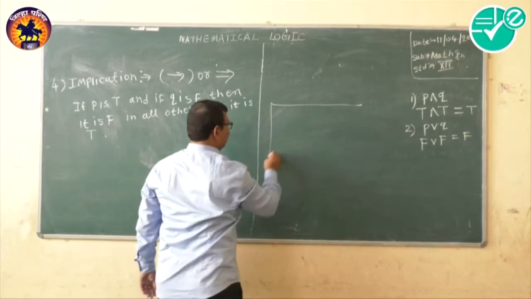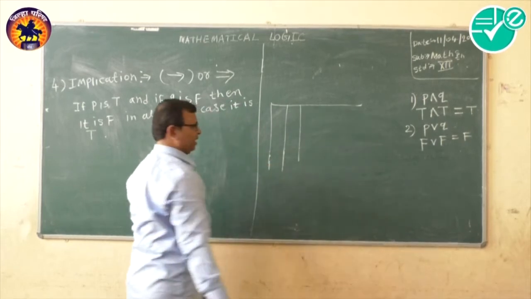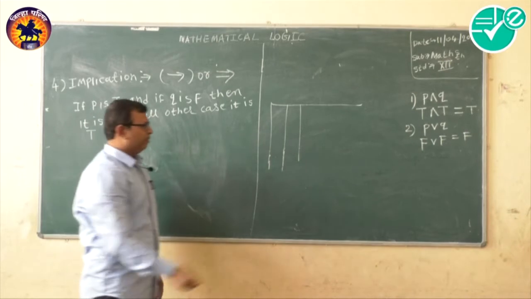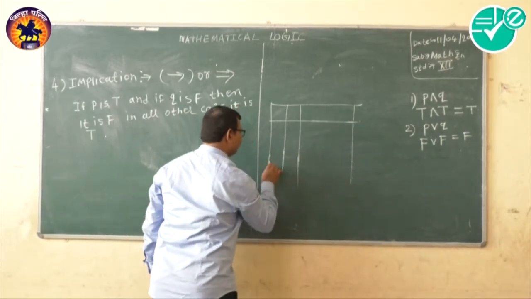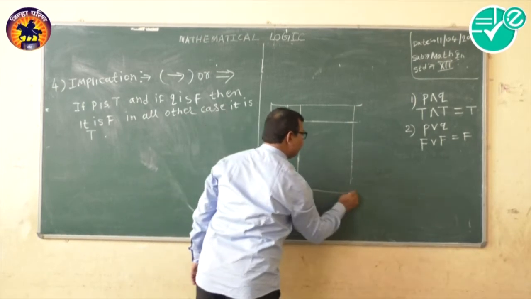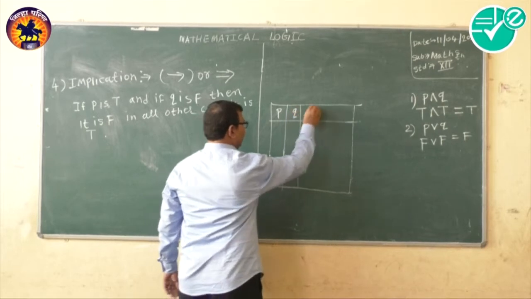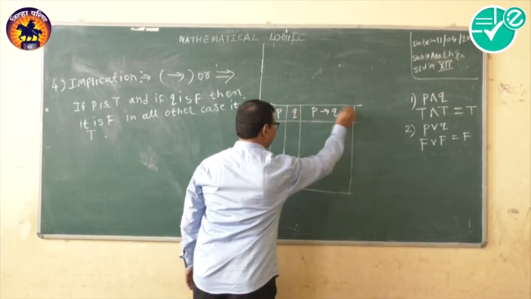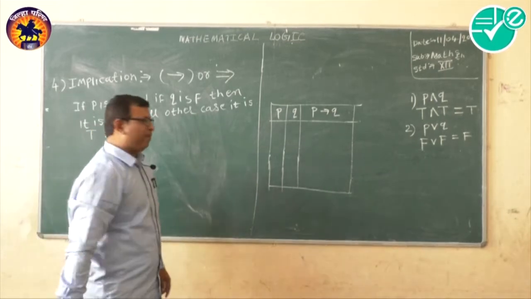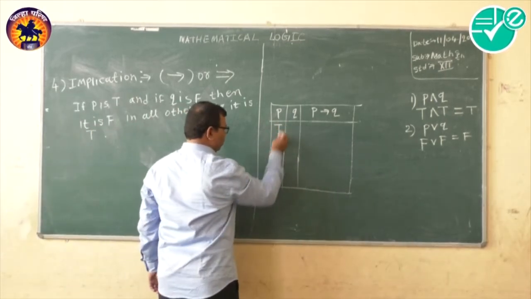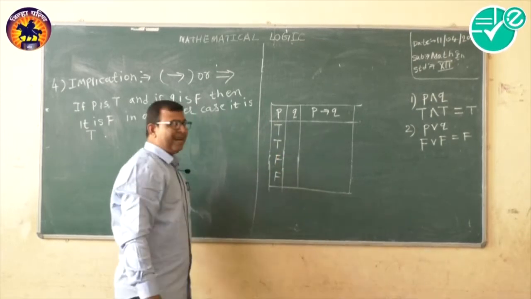Now we will see the truth table of implication. Here it is P, here it is Q, here P implication Q. Now see, what can we write for P? That is true, true, false, false. What can we write for Q?